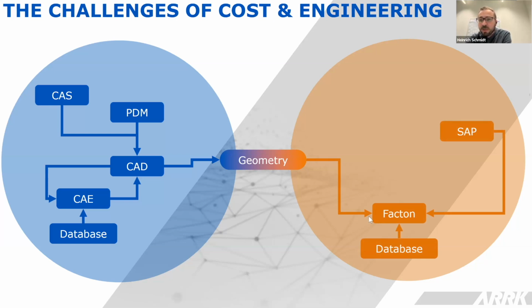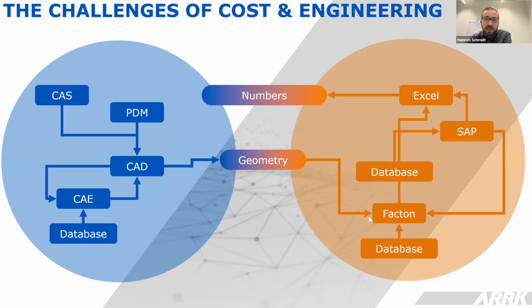They get it from SAP. And they also have a database. And then eventually those two fractions will create some cost, put it into an Excel list and forward it back to us engineers in form of numbers. And then we figure out, hey, that part is too expensive. We have to restart the whole process.